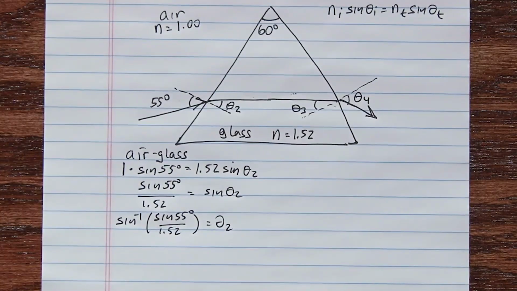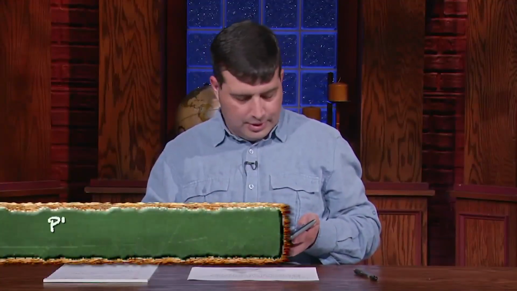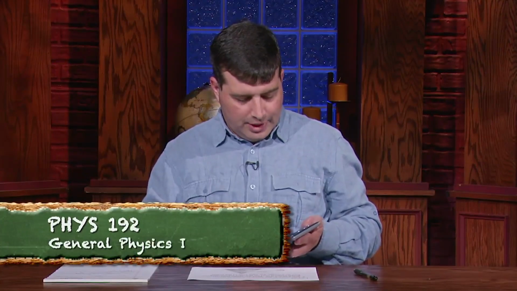And so theta 2 is equal to sine inverse of the sine of 55 degrees divided by 1.52. Theta 2 is 32.6 degrees.